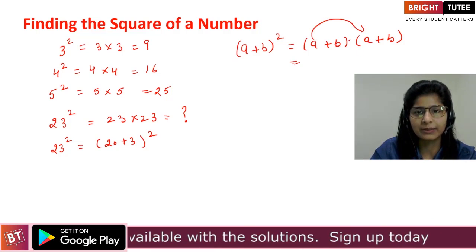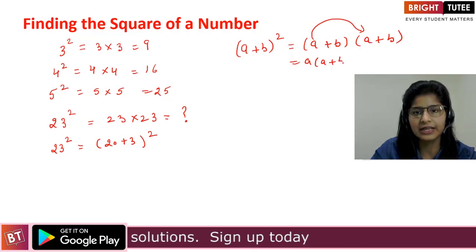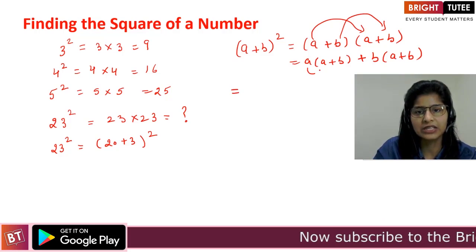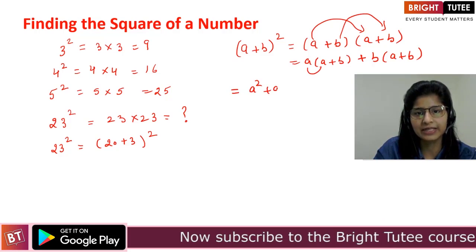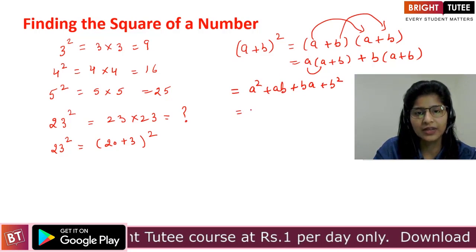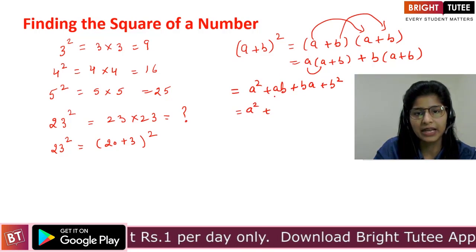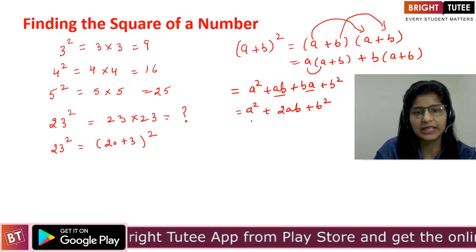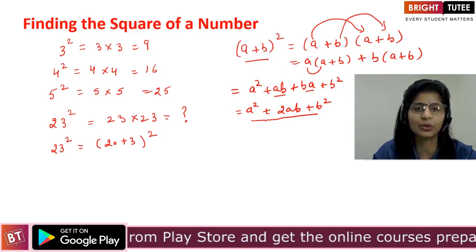Now a will get multiplied with this bracket, and then b will get multiplied with this bracket. So we get a into a is a square, plus ab, plus ba, plus b square. So we have a square, plus ab and ba are the same thing, so it is 2ab, plus b square. See, this is the formula for a plus b whole square.